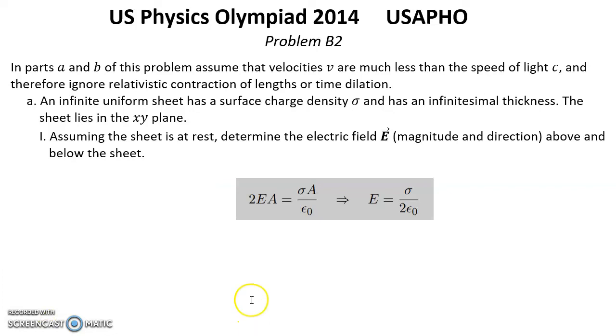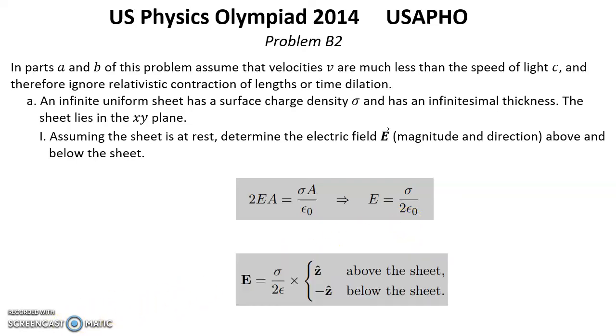If the cylinder has a base area A, we have 2E multiplied by area equals the charge inside of this cylinder, which is sigma A over epsilon 0. And from here the magnitude of the electric field is sigma over 2 epsilon 0. For direction, we have positive z direction above the sheet, and negative below the sheet, like here.